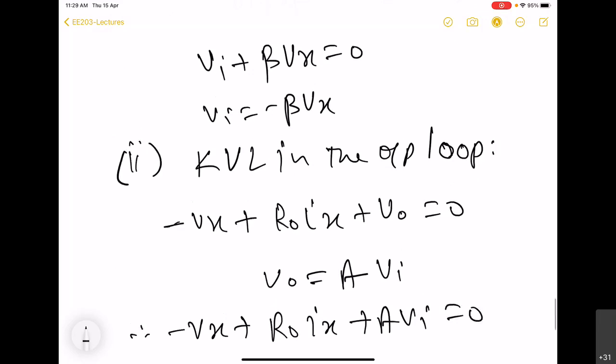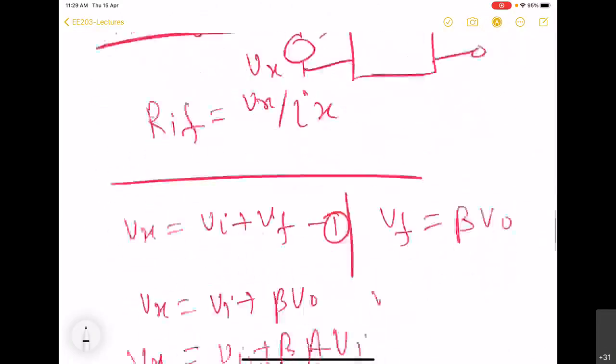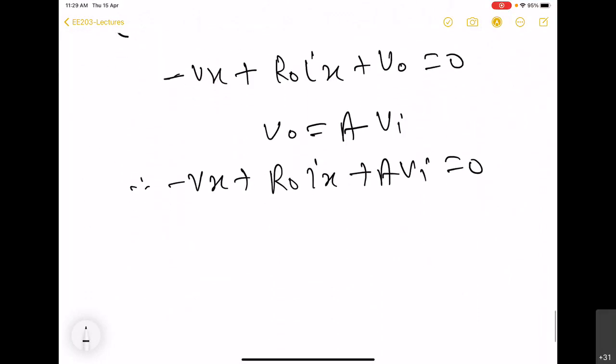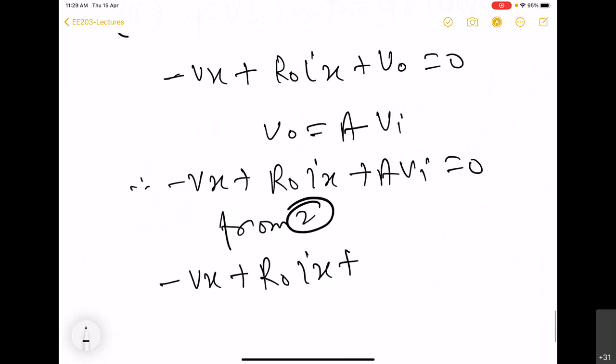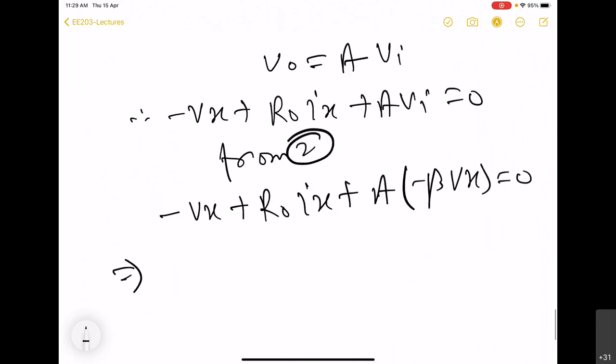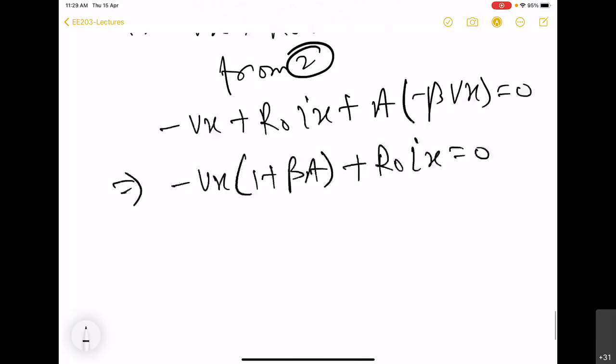Now we can take the help of this equation number 2. So from 2, this becomes minus Vx plus RO Ix plus A into minus beta Vx is equal to 0. So here what we get is minus Vx into 1 plus beta A plus RO Ix is equal to 0.